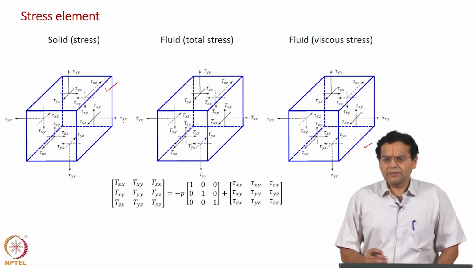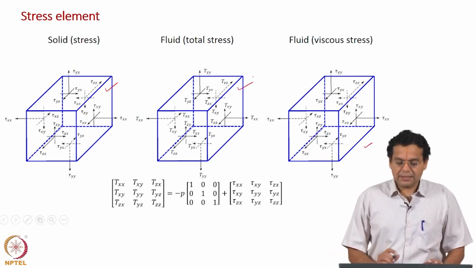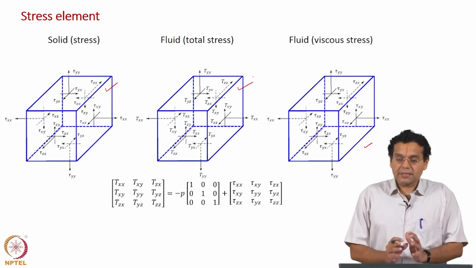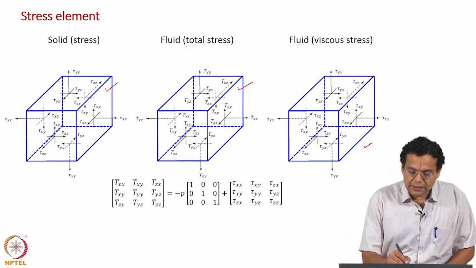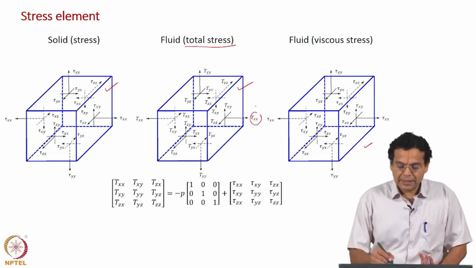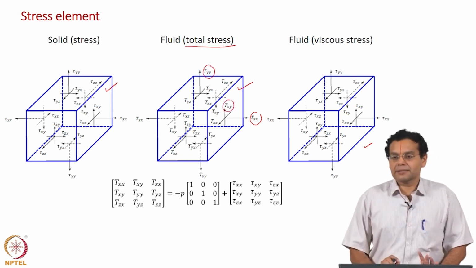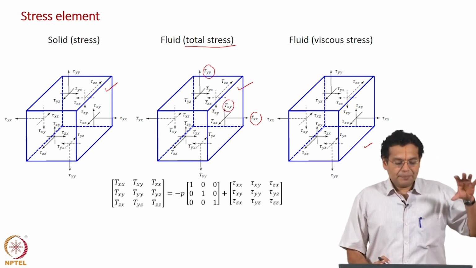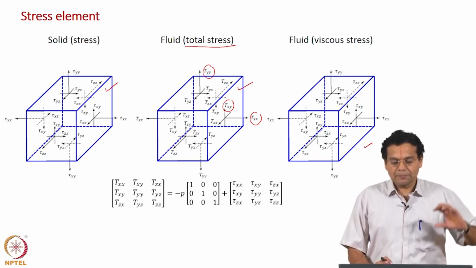Later on, when we came to fluids, we once again represented the stress element. This represents the state of stress in a flowing fluid, and hence we used this to represent the total stress. That is why our nomenclature became capital Txx, Tyy, capital Txy, etc. The left hand side stress element for solids represents the stress tau.